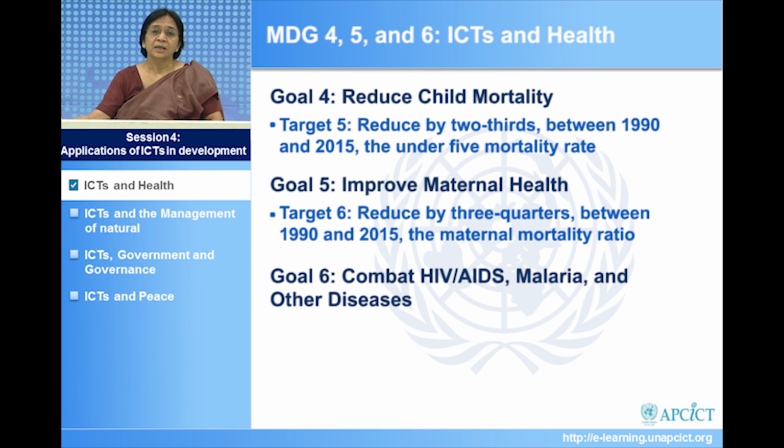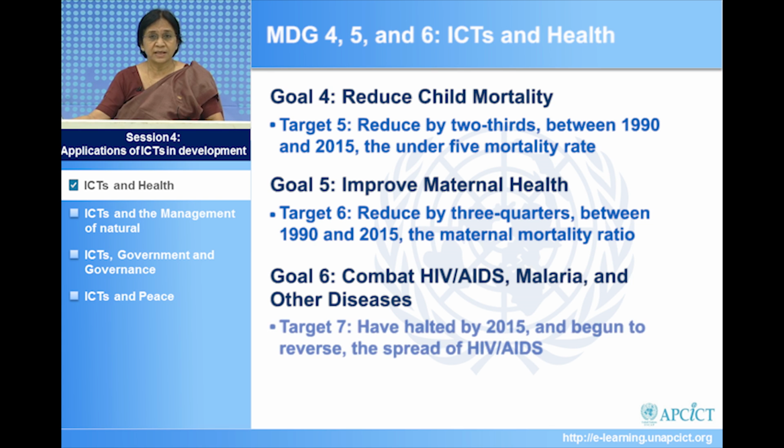Again, given the ongoing epidemics and pandemics of HIV/AIDS, malaria, and other diseases such as tuberculosis, Target 7 argues that we must halt at least by 2015 and begin to reverse the spread of HIV/AIDS as we also address other diseases such as tuberculosis.